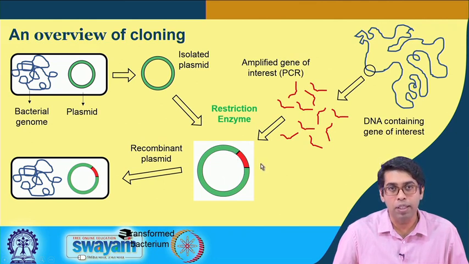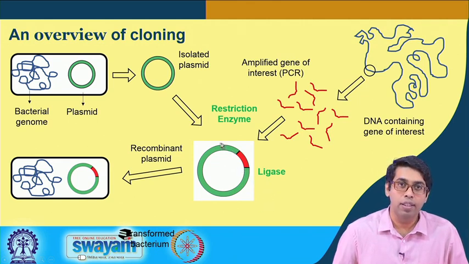Once we mix them together, there is a chance that it will combine like this, but they are held together by hydrogen bonds only. So, we need a ligase to form the covalent linkage, and then you have this complete circular DNA which will be transformed into the bacteria to get our bacterial clone. So, that is the step of transformation.